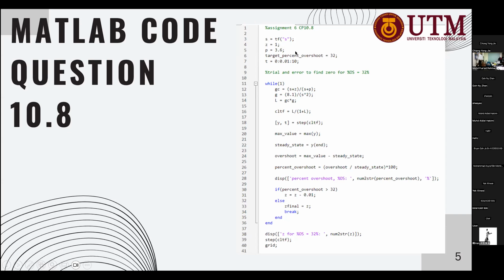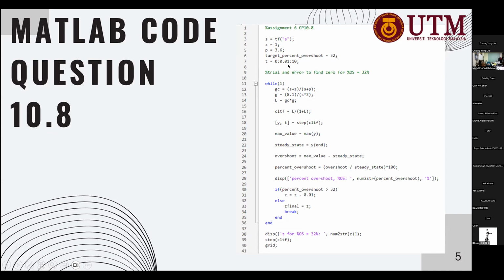We type the transfer function, and we type the values we need. For example, the S we declare first as transfer function, and then the initial Z is 1, the pole is 3.6, and then the target percentage overshoot is 32. And for the T, we set from 0 to 10 with the increment of 0.01.